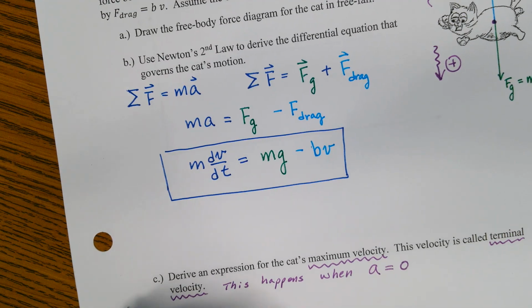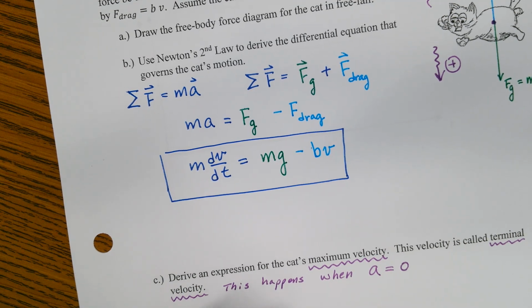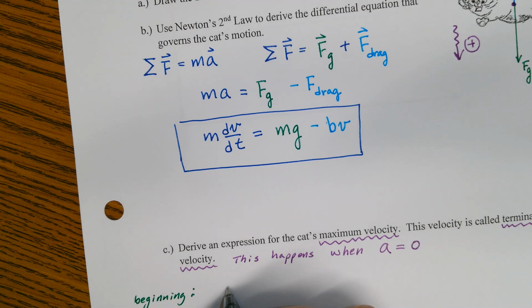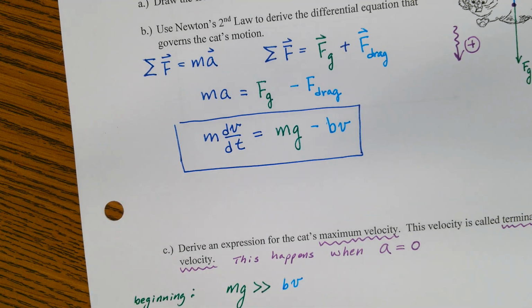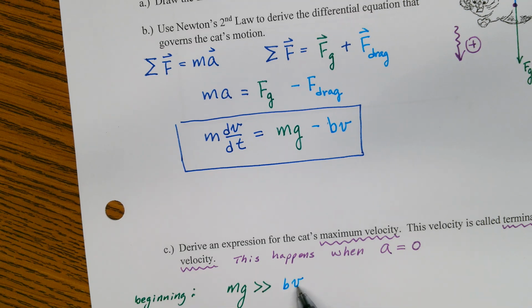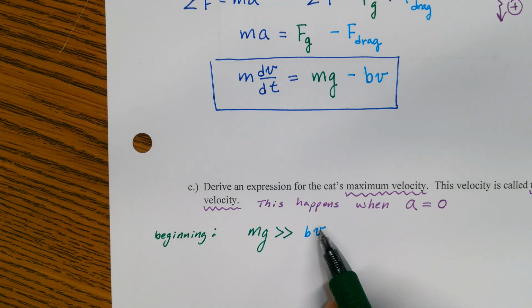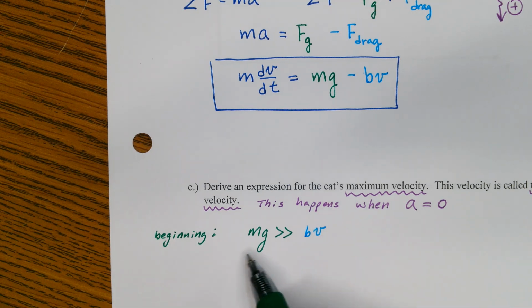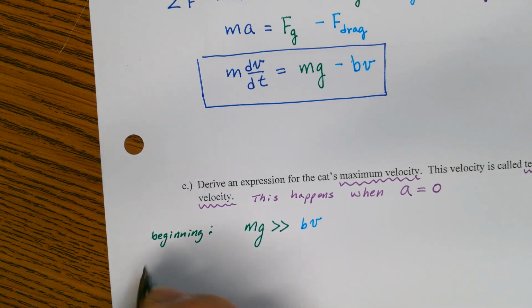So in the beginning, I guess the Fg is much bigger than BV, okay? Because the cat started out with 0 or almost negligible velocity, so the drag force is negligible. So the weight force is much bigger than the drag force.